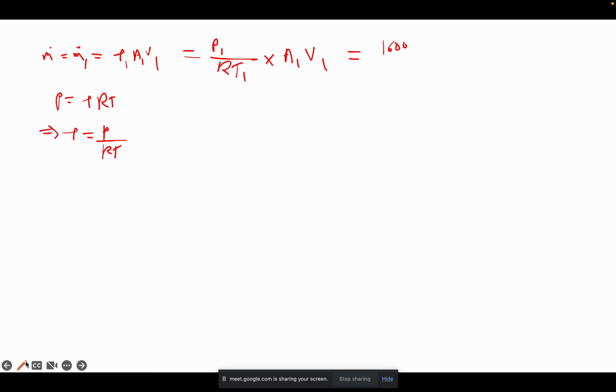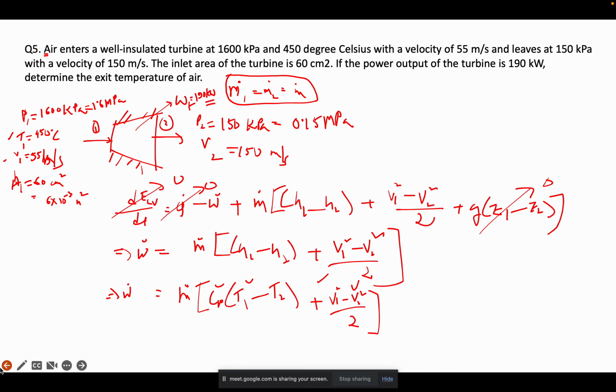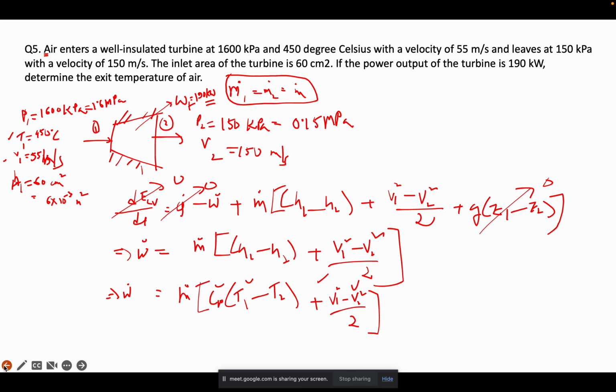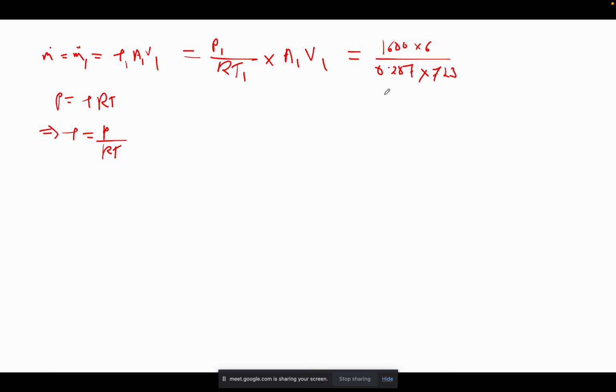And then R is 0.287 kilojoule per kg Kelvin, which I know. And then T1 is 450 degrees Celsius, so this will be 450 plus 273, 723. What is your A1? Your A1 is 6 into 10 to the power minus 3 as far as I remember. Yes, 6 into 10 to the power minus 3.